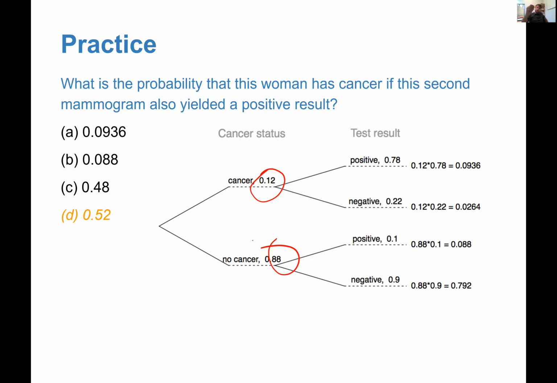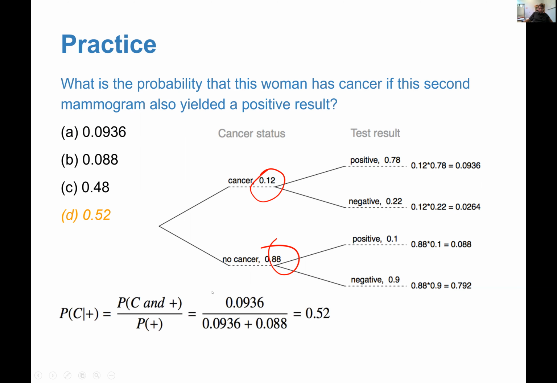So then we change that to be 12, and then we do it again. And you take these numbers here and you add them together. Now I'm all over the place because I'm in the way. All right. And then you add your 0.0936 and your 0.088 on the bottom, and you get 0.52. All right.